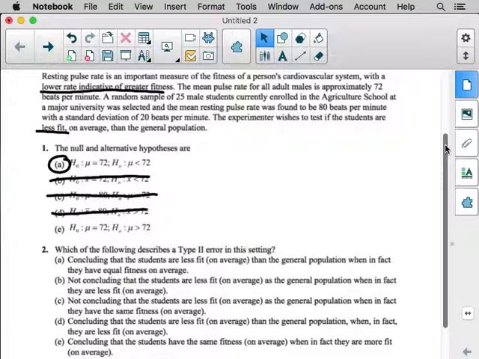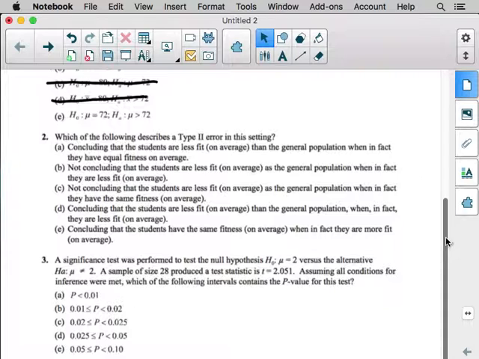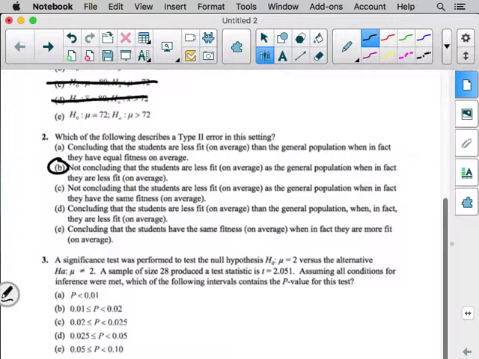We don't conclude the less fit, but they actually were. Which one of these phrasings best matches what I just said? Not determining the people are less fit, but they actually were. Which one matches? B, not concluding less fit than the general population, when in fact they are. Perfect.